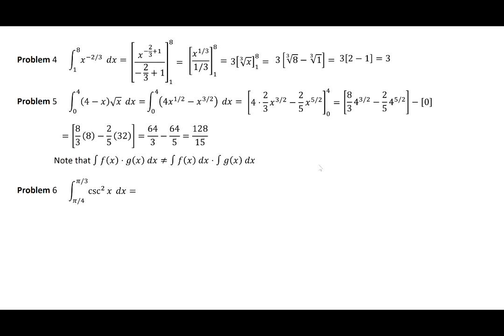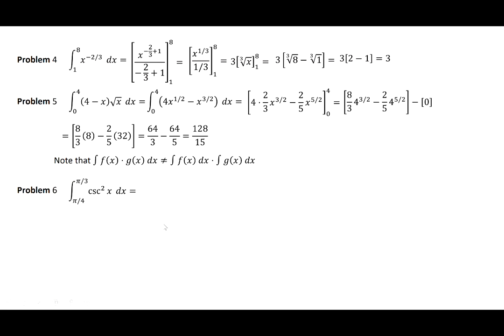The derivative of what is cosecant square x? Wait a minute. Derivative of tangent x is secant square x. Derivative of cotangent x is negative cosecant square x. Wait. This is just negative cotangent x then. Yep.